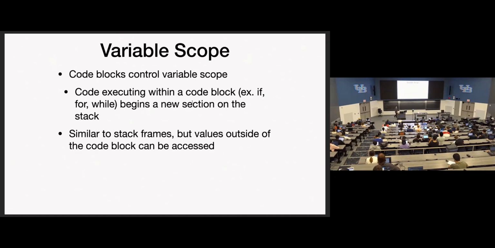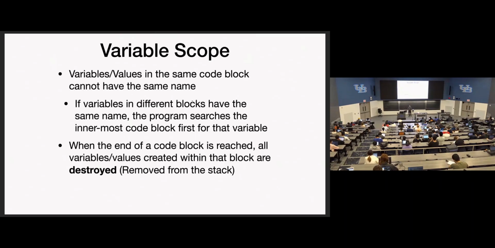So specifically, if I'm working inside a stack frame, inside a code block, I can access the variables that were declared outside of that block as long as they were declared in the same frame. And I can actually have, well, I don't want to get into that yet. We'll talk about that probably Friday.